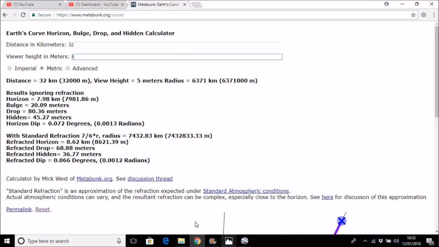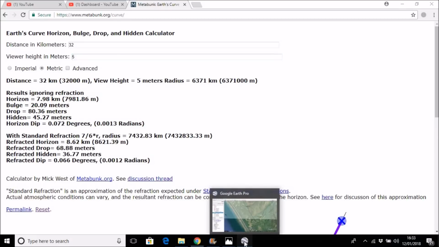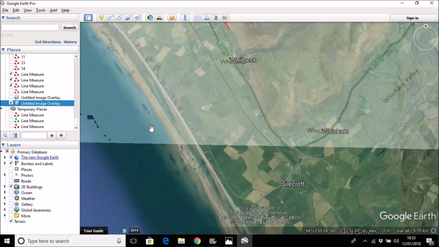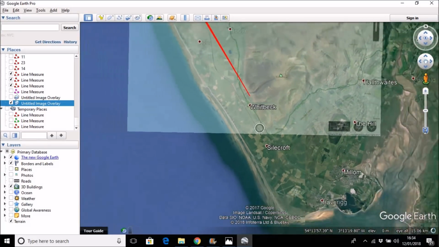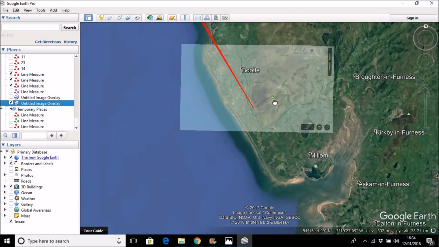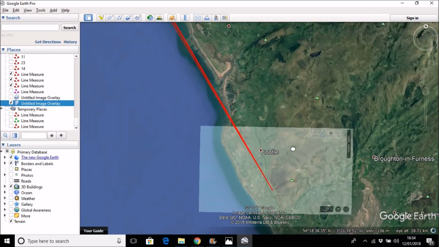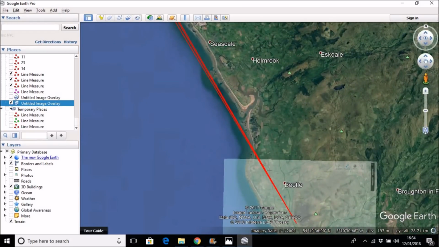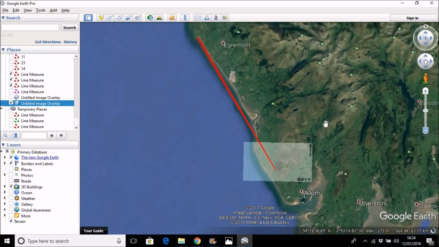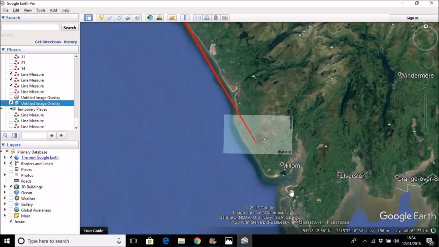So I think we can pretty much leave our analysis at that point. I think we have shown clearly that we can see land all the way out to 48 kilometer distance.